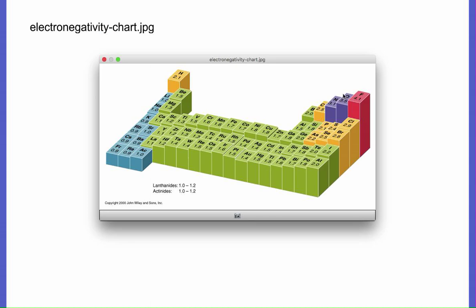So again, I need an electronegativity chart for this. Your sub should have handed out one of these electronegativity charts for you. But basically, all these numbers on this periodic table are just telling me how good that element is at pulling electrons. So if you look on the right side and top of this chart, nitrogen, oxygen, and fluorine are better than any other element at pulling electrons, right?